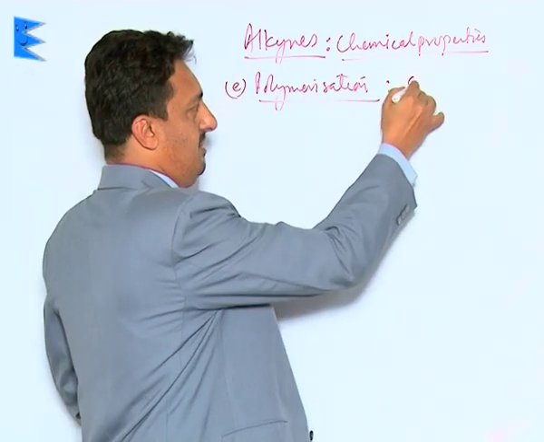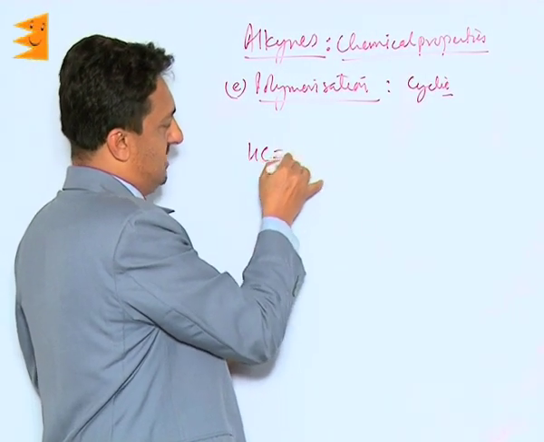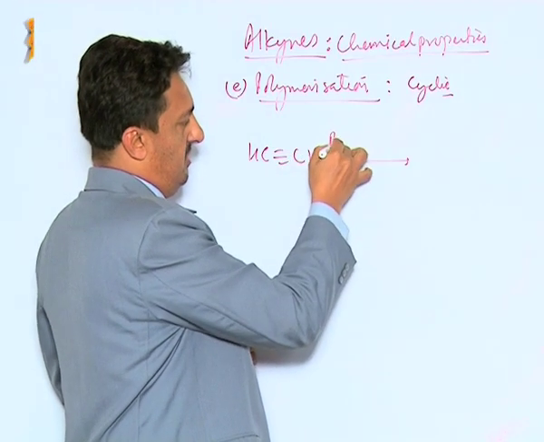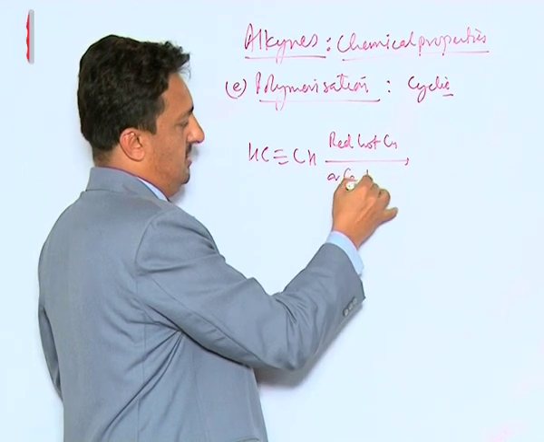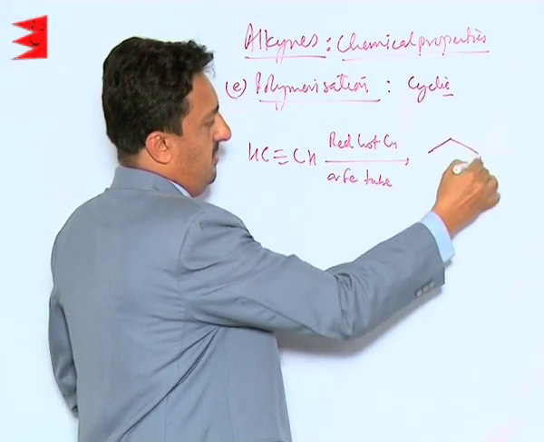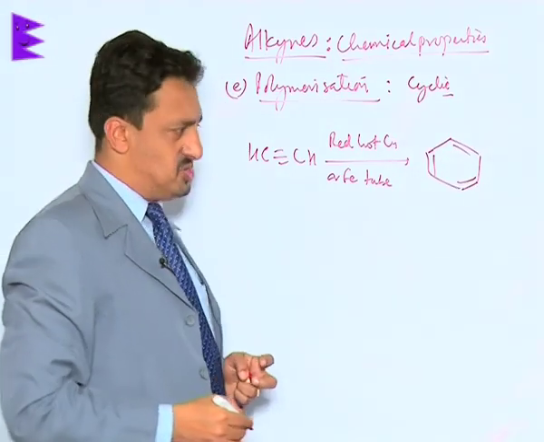In cyclic polymerization, when acetylene is passed through a red hot copper or iron tube, we get benzene. This is sort of a Diels-Alder reaction.